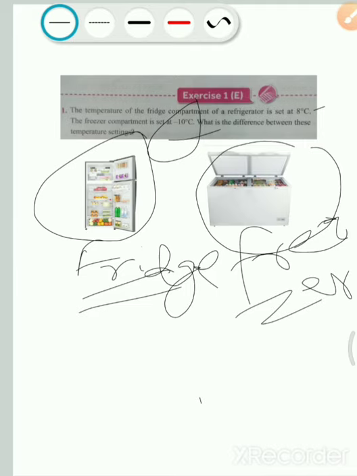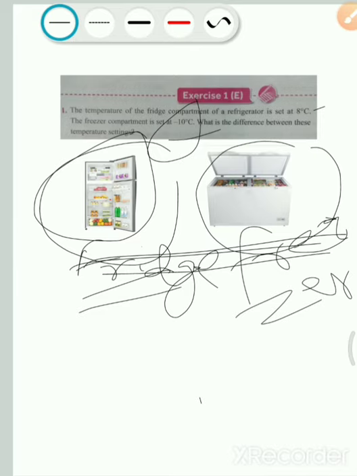And if you want to keep it cool, then you need to use that freeze. Okay, that is the difference between these two objects, or machines you can say.